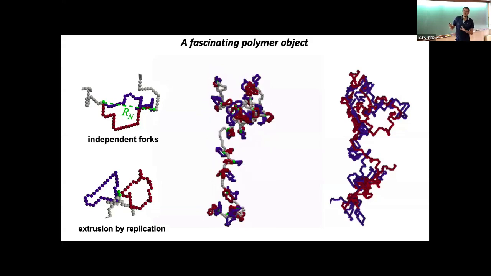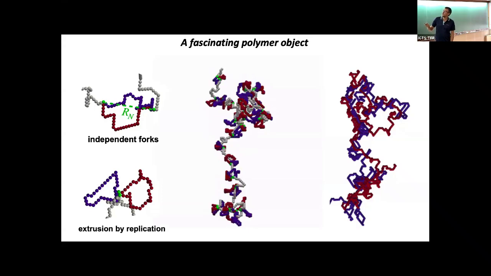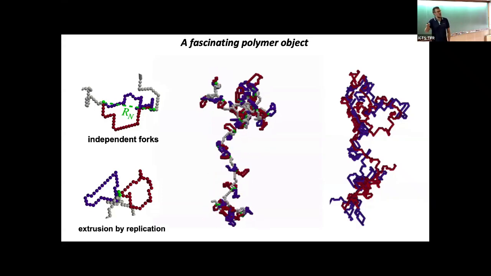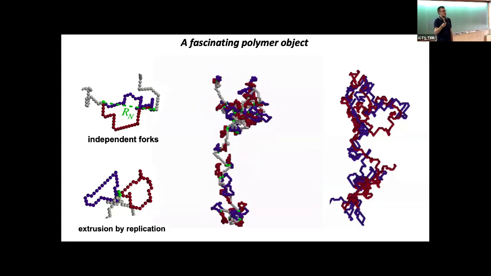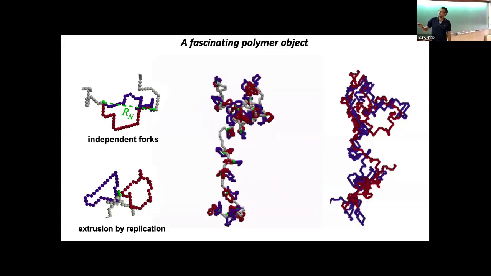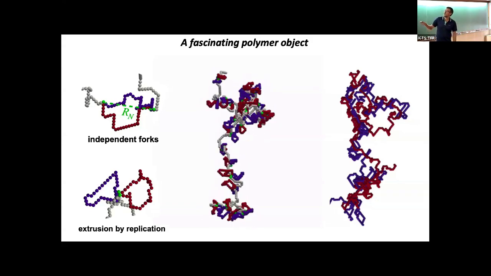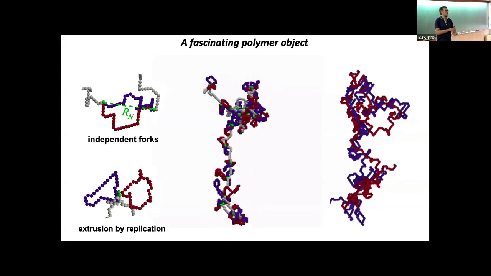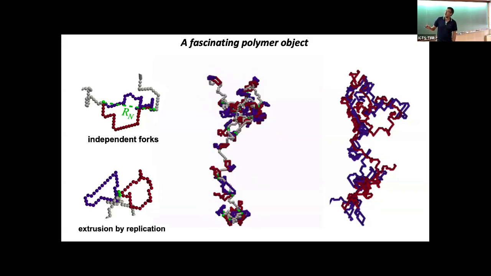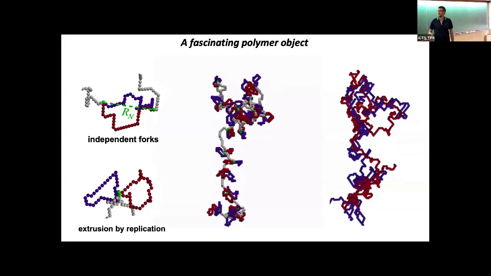For the sake of shortening the description, we will mostly focus in this talk on two hypotheses, going back to the first observation that sister forks may interact together. We scan two scenarios: the two forks have no interactions and just move independently from each other, or they are bound together by CTCF, for example.